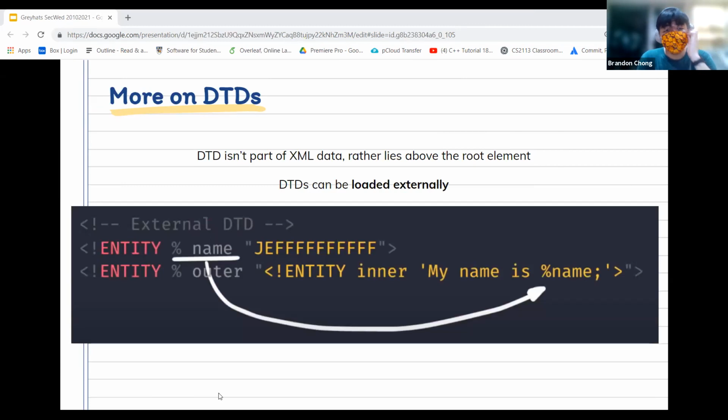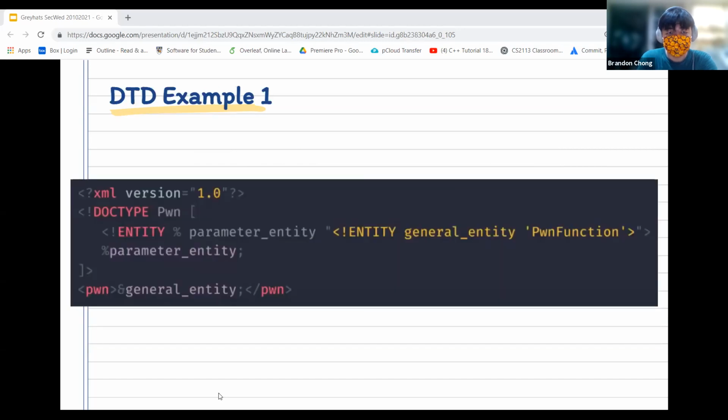What this means is that now I can use external DTDs from within the XML markup itself. So for this, I'm just going to show a few examples on document type definitions.